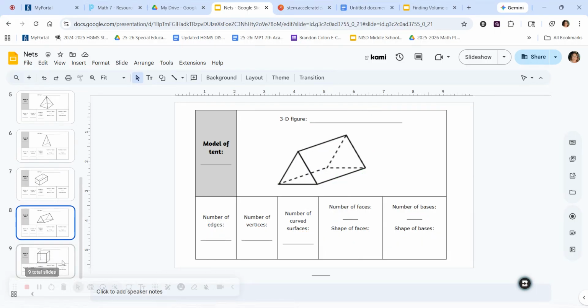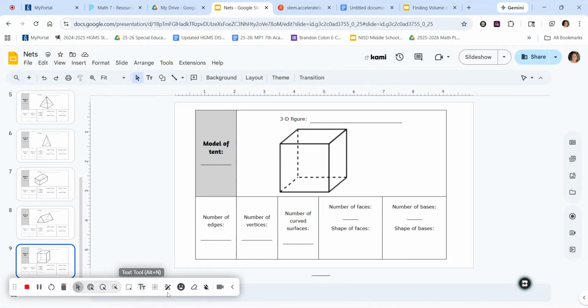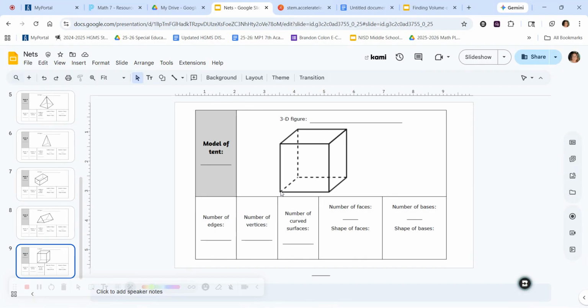And finally, for our last shape, let's count the number of edges. 1, 2, 3, 4, 5, 6, 7, 8, 9, 10, 11, 12. 12 edges to this.